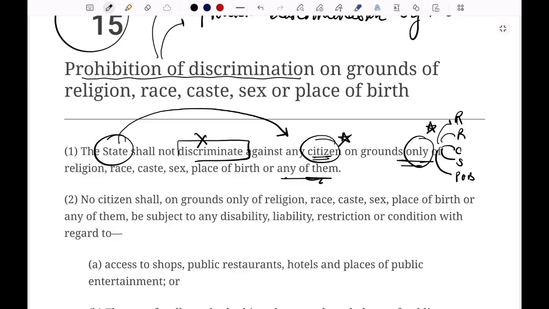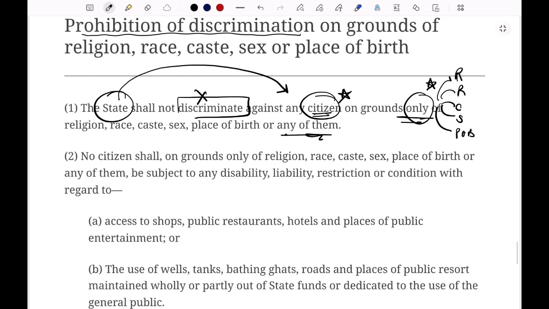Now we will discuss article 15 clause 2. Article 15 clause 2 states that no citizen shall, on the grounds only of religion, race, caste, sex, place of birth, or any of them, be subject to any disability, liability, restriction, or condition.